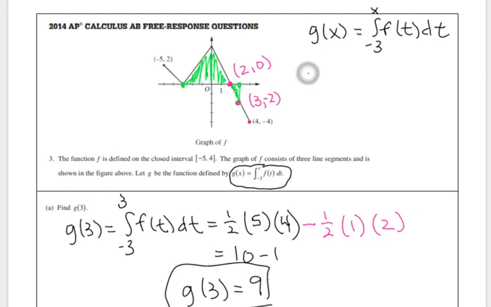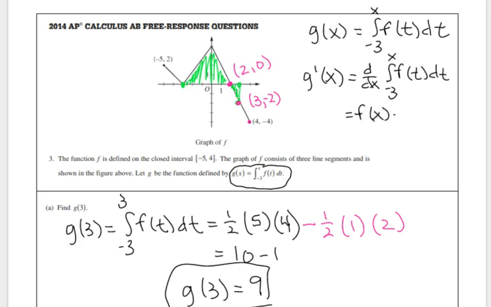g prime is going to require us to use the fundamental theorem of calculus. We're going to take the derivative of this integral, which hopefully you're okay with doing. Remember, you plug in the upper bound, so we get f of x times the derivative of that bound, which is 1. Then minus, plug in the lower bound times the derivative of the lower bound, which in this case is 0.